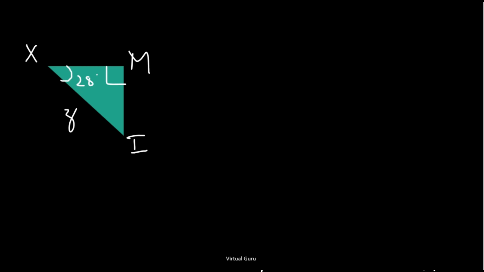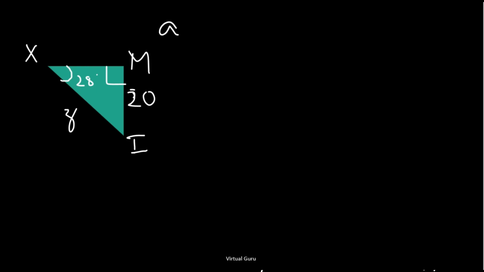They have given one angle, a right angle, and a side, that is 20. MI is 20, and they have asked which of these equations can be used to find Z.